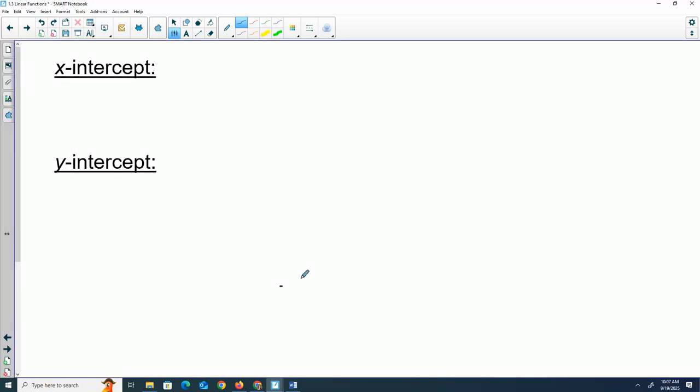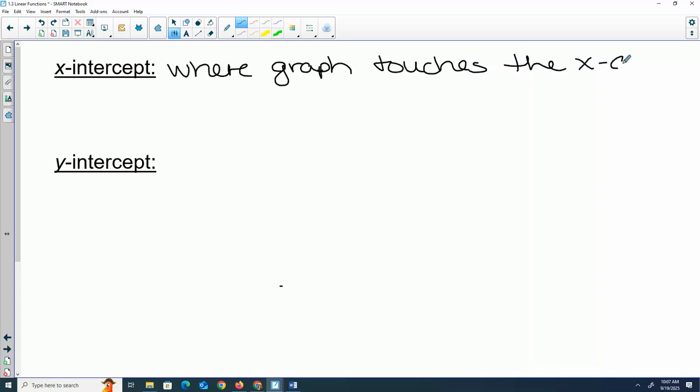A couple last things that I want to review. What are x and y intercepts? How do you find an x-intercept? If you're looking at a graph, it's one thing: we can just look at where it hits the x-axis.